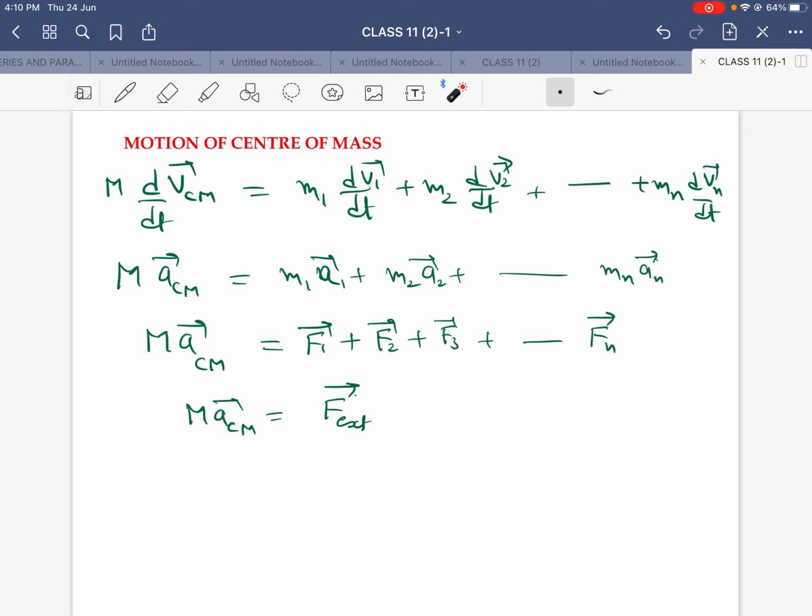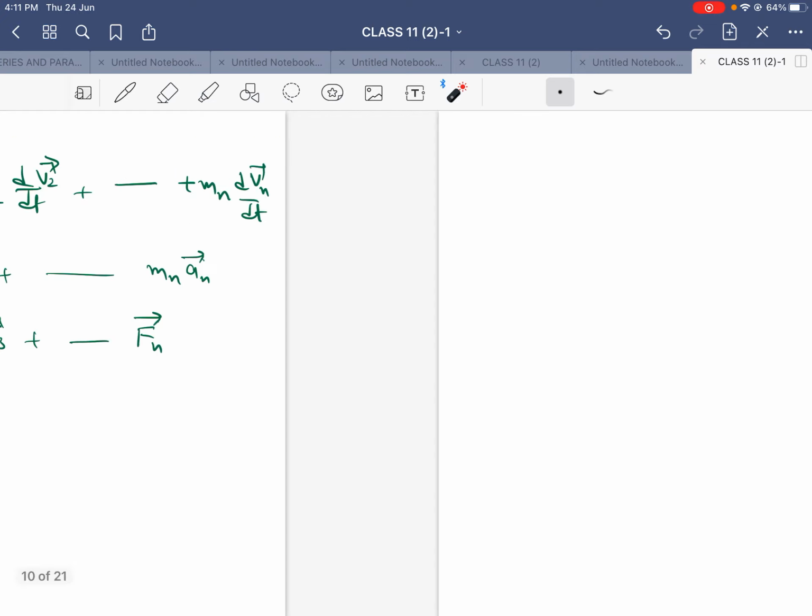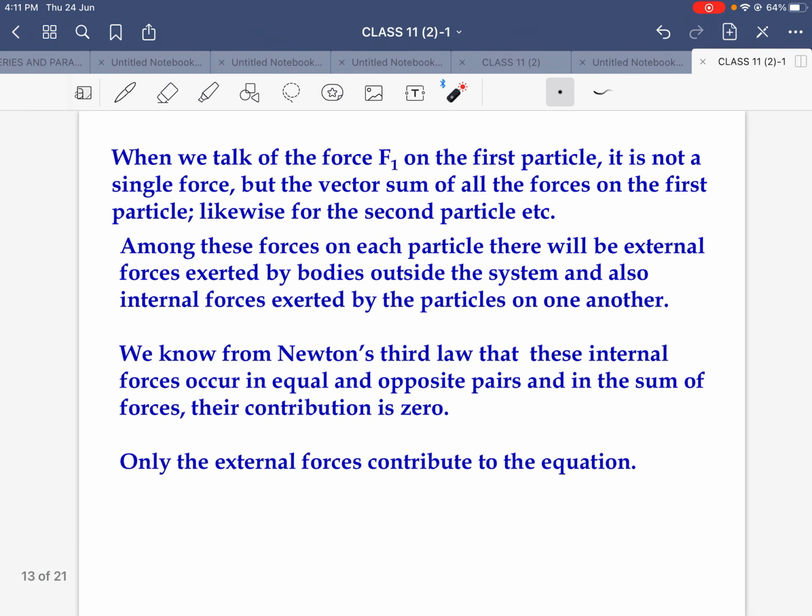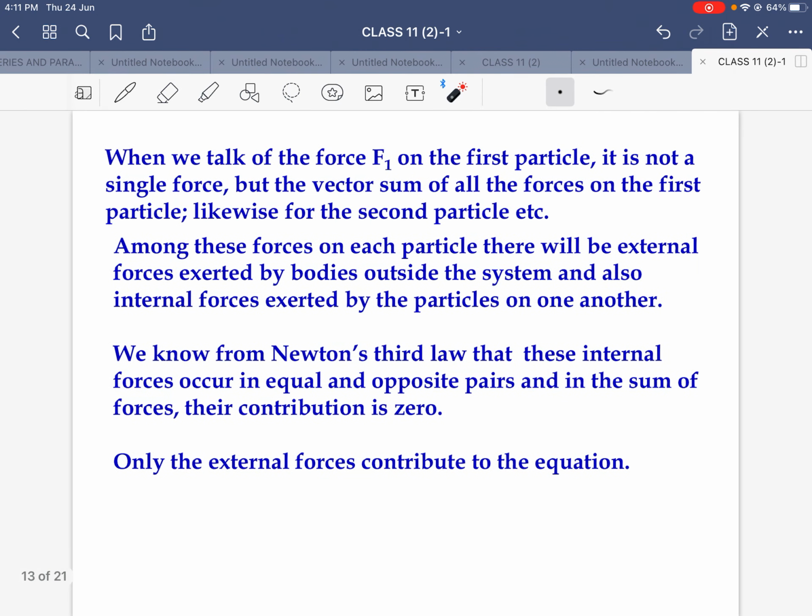However, we conclude that whatever be the system of particles and whatever be the motion of individual particles, the center of mass will move according to this equation, that is M into acceleration of center of mass is equal to F external.